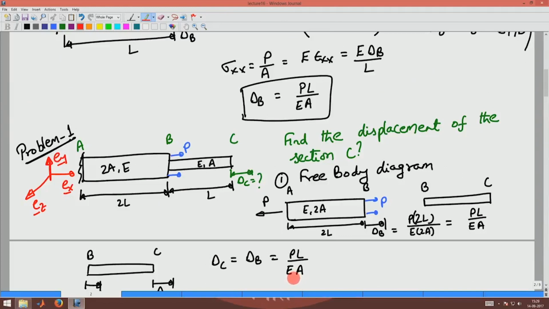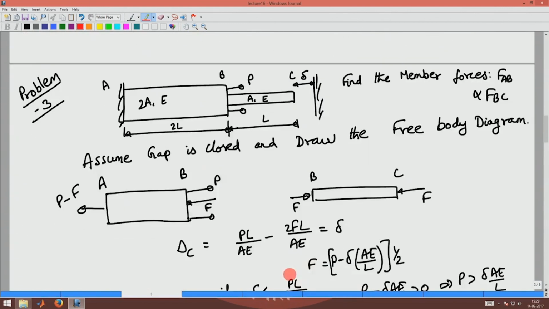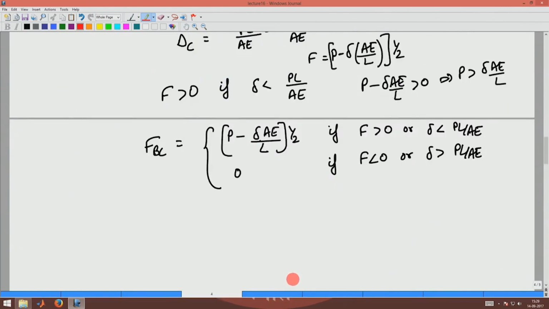When delta is greater than PL by AE, C will expand freely and there will not be any reaction force that comes about at C. Okay. That is what we are saying when we say FBC is 0.